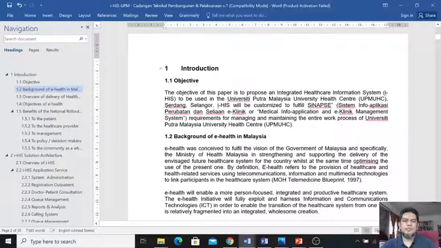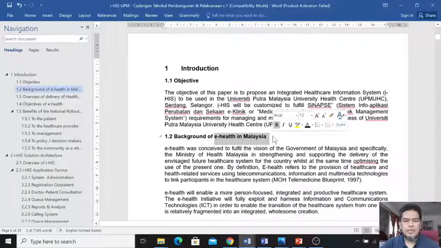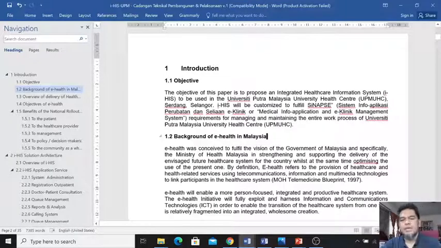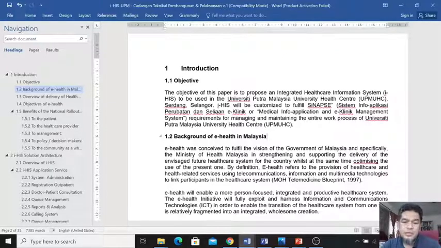We start with the introduction, which includes the objective and background. Because we develop an e-health system for a clinic organization, we need to explain the background of e-health in the context of Malaysia and also across the world. Because this will bring them the idea of the importance of electronic medical record computerization.